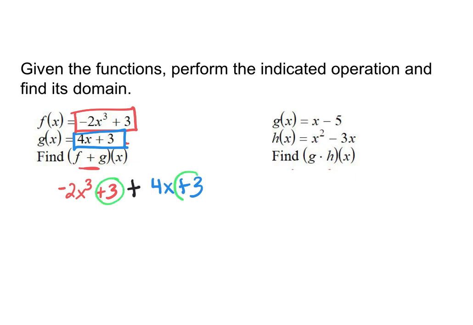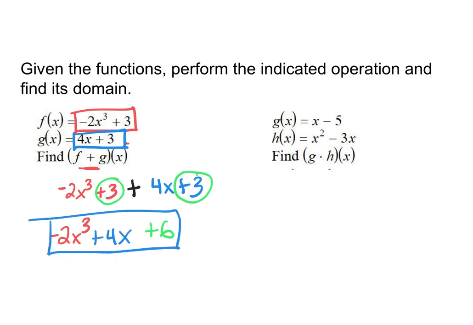I have like terms because I have 3 plus 3, so that's going to become 6. Everything else stays the same. So negative 2x to the third plus 4x plus 6. This will be my new function. The domain of this function is just all real numbers, because there is no restriction for this polynomial.